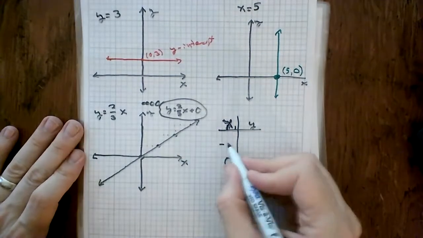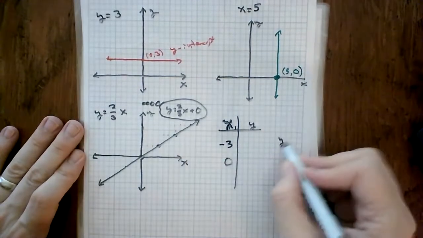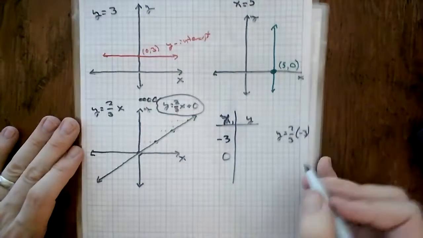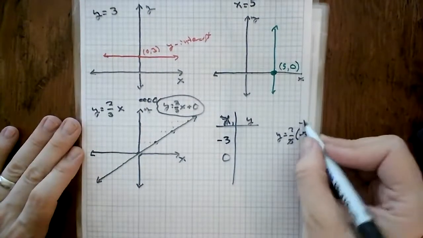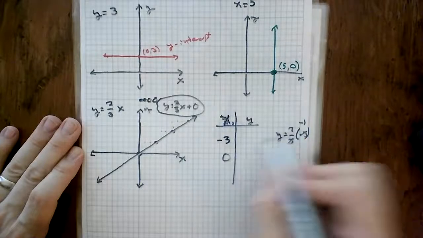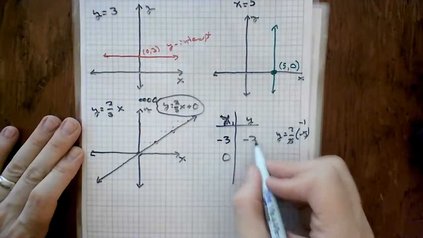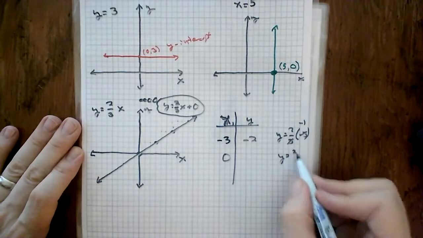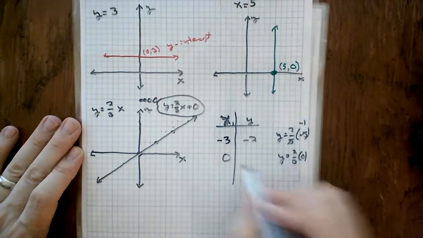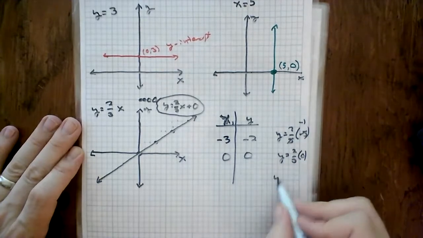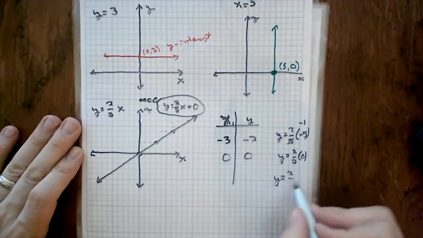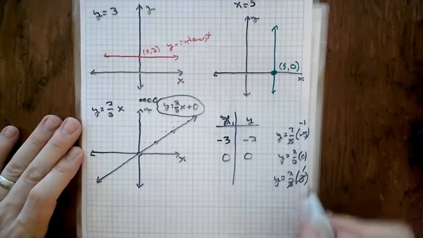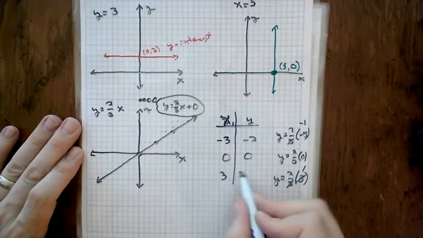So if I choose -3, y is equal to 2/3 times -3. 3 goes into -3, -1 times. 2 times -1 is going to be -2. 0 times 2/3 is still 0. 2/3 of 3? 3 goes into 3 one time. 2 times 1 is 2.